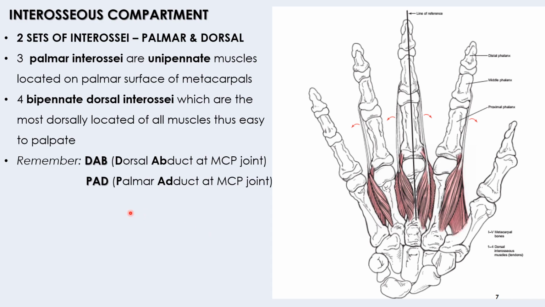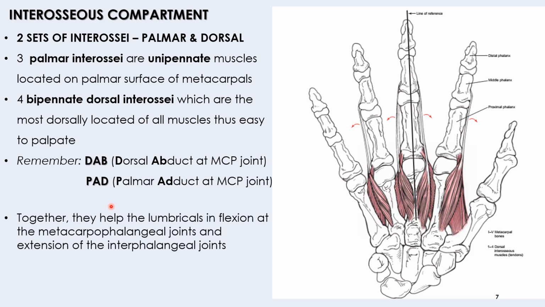And then PAD means the palmar interossae adduct, and adduction means that we're bringing the fingers together, maybe like when we're saying the pledge or trying to salute an officer. That's what adduction is. So together, the palmar and dorsal interossae help the lumbricals in flexion at the metacarpophalangeal joints and extension at the interphalangeal joints. Don't worry, we'll come to that.